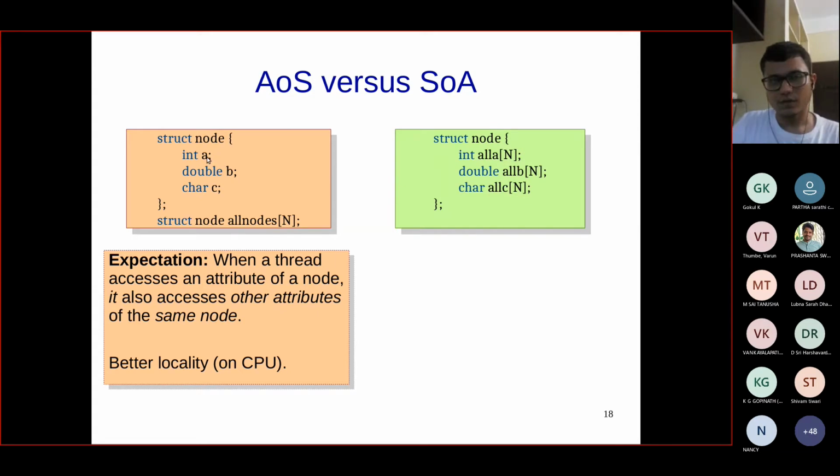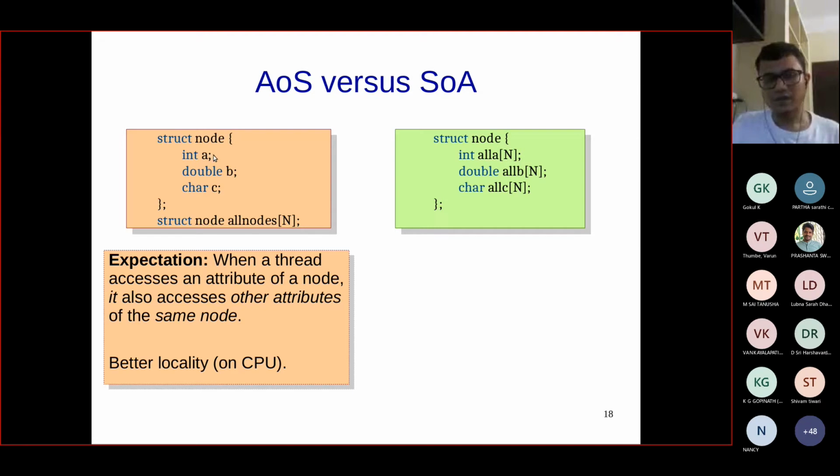Between the roll number of that student and the roll number of the next student, there will be the name and marks of the first student. So this is a sort of strided access for the GPU.